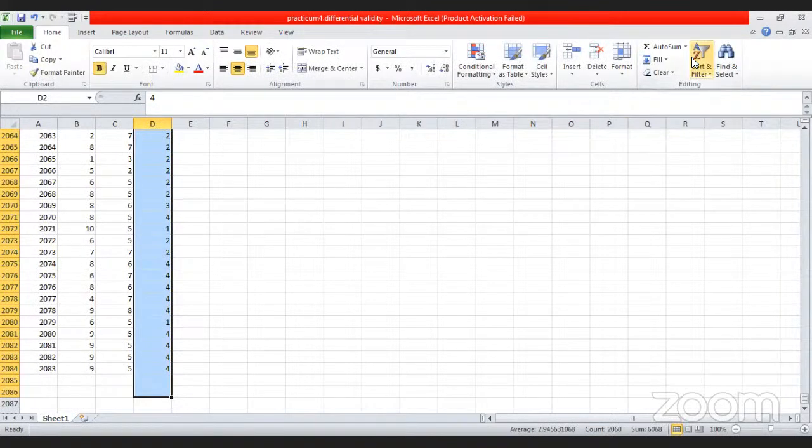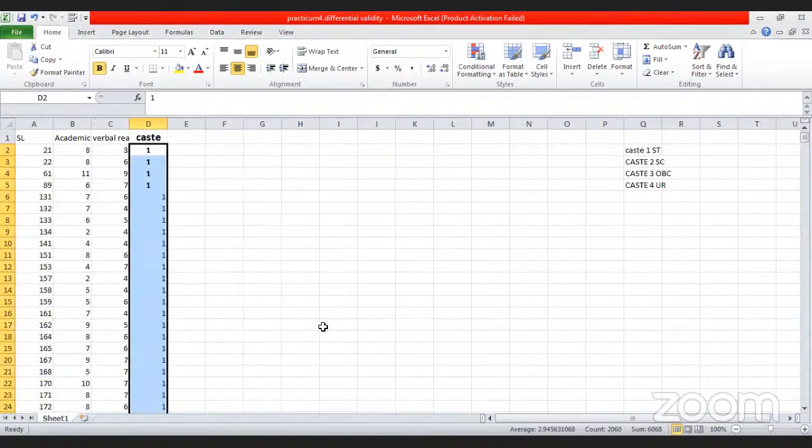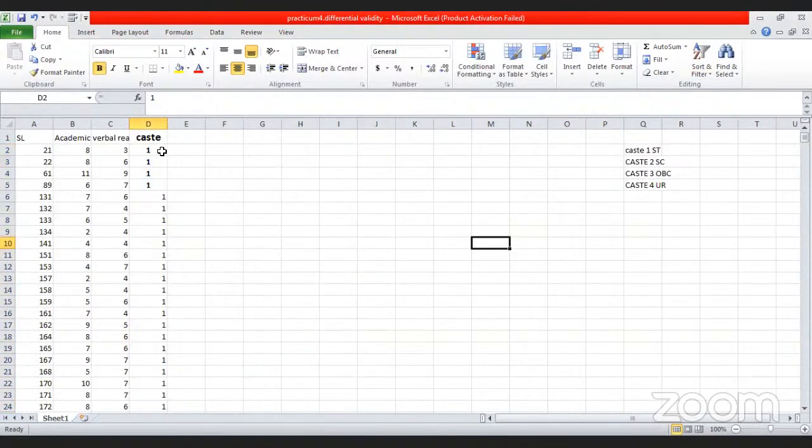Sort and filter, sort smallest to largest. So I got it, that is from 1 to 3, 4. So from 1 it started.